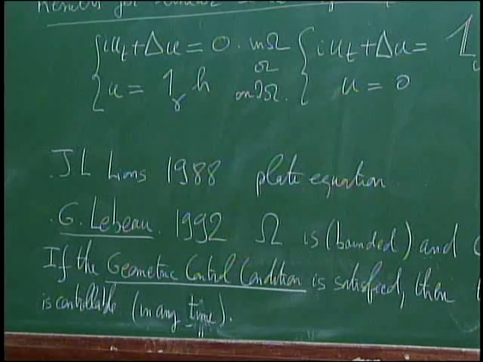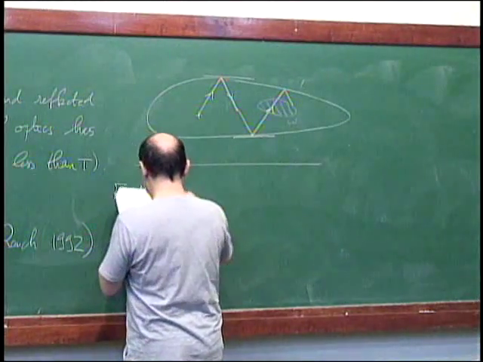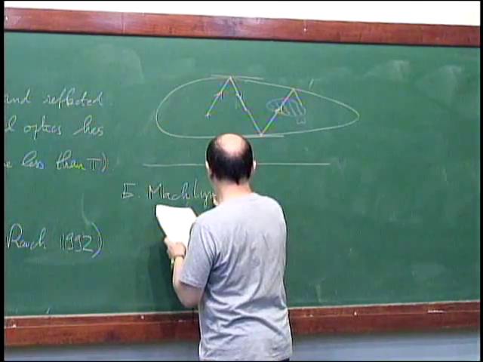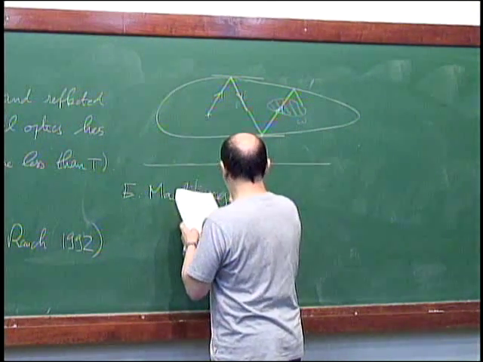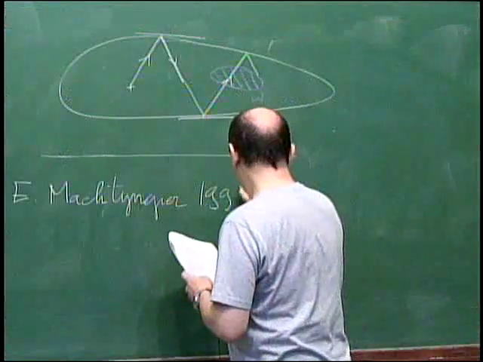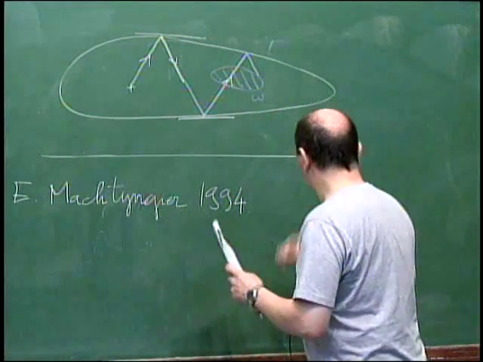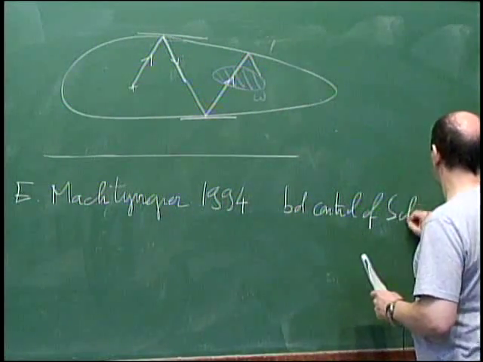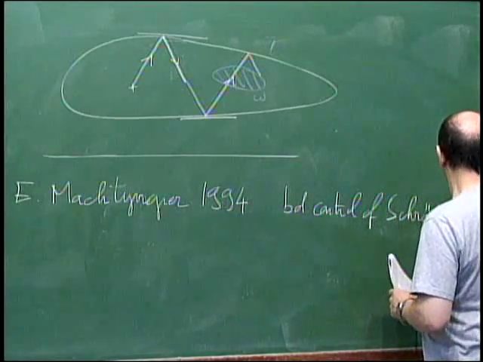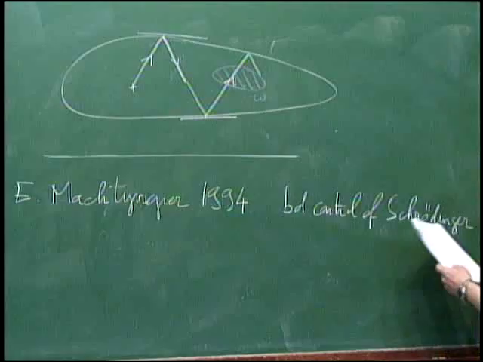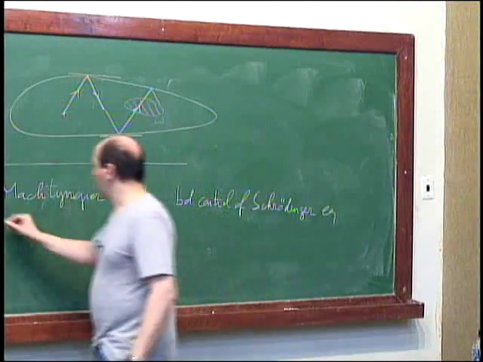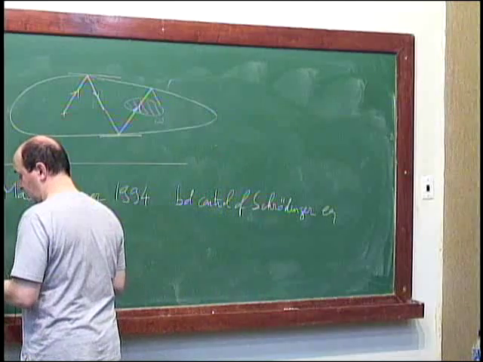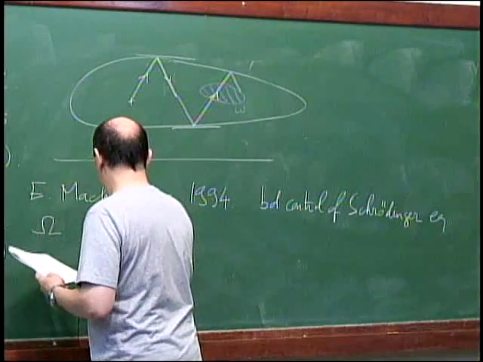there was also some result by Hélène Mattinger in 1994, and it was for the boundary control of the Schrödinger equation and also the internal control, but the condition is now easier to understand, and it is for some open set which is just of class C3, if I remember.